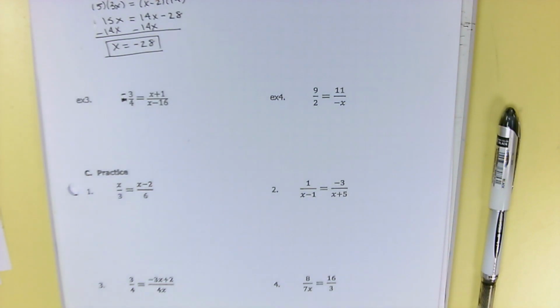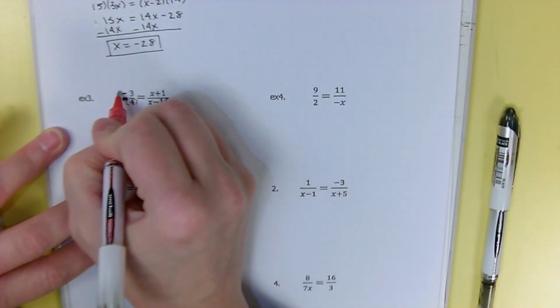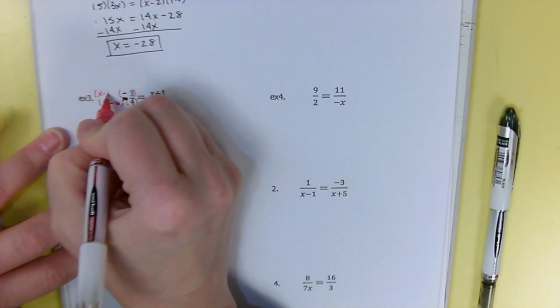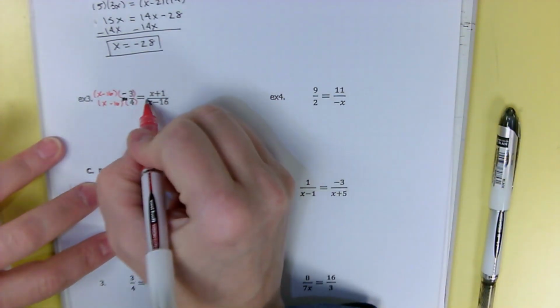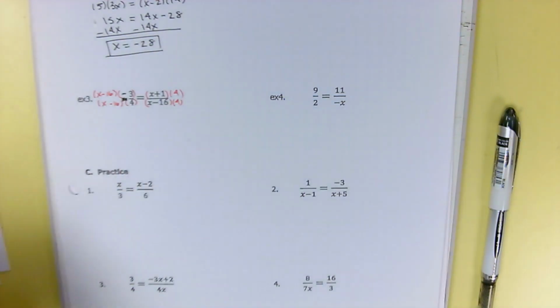Okay, so we're going to do the same thing we did with example 1. We're going to make the bottoms match. So on the left, I need an x minus 16. So I'm going to multiply by x minus 16 over itself. On the right, I need a 4. So I'm going to multiply by 4 over 4.